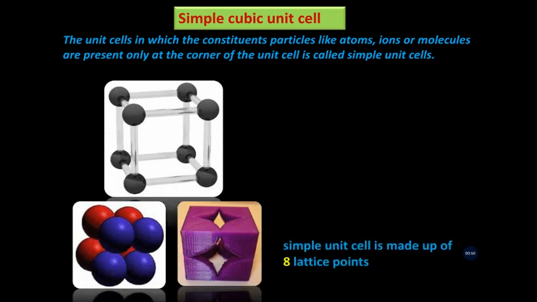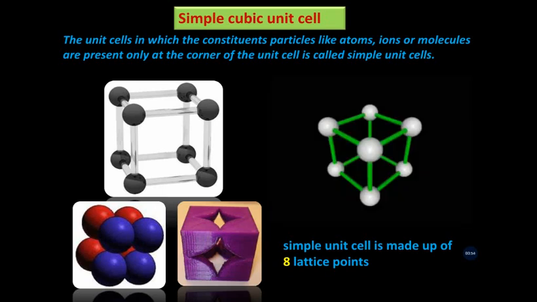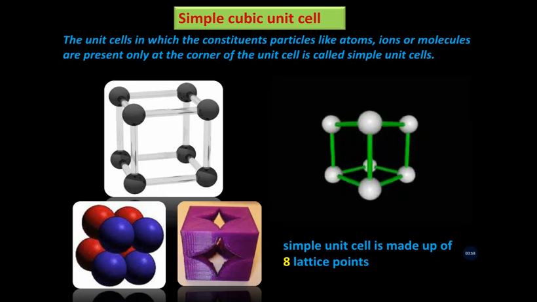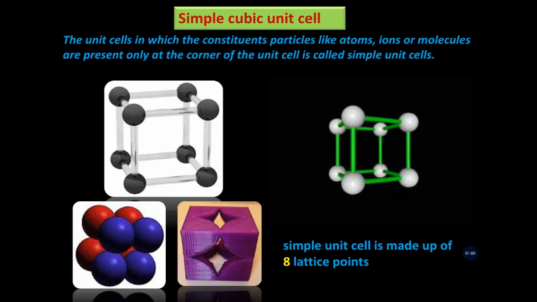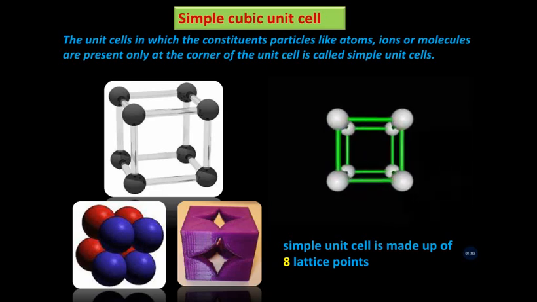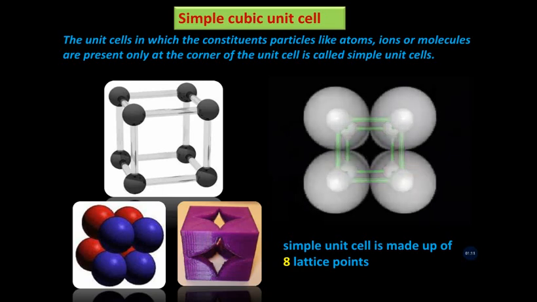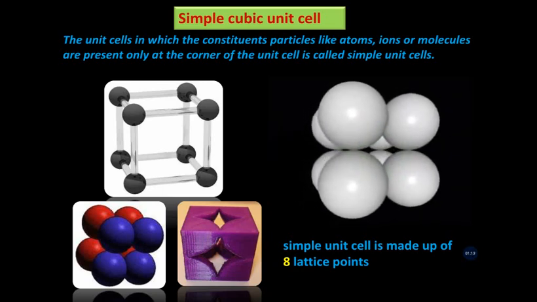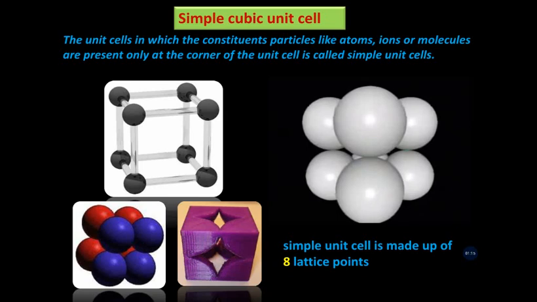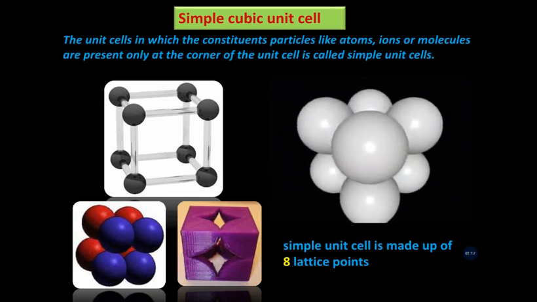In the ball and stick model, we see that 8 small white balls are present at the 8 corners of the unit cell only. In a crystal, these positions are occupied by atoms, ions or molecules, but actually it is observed that there is no space between the particles; all the particles are closely touching together and form the unit cell.